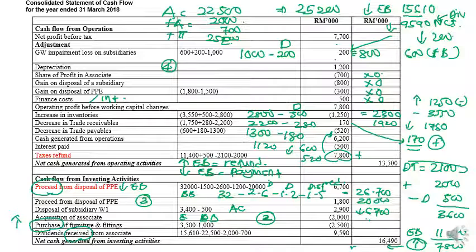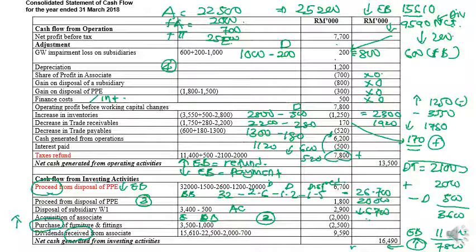So from the associates, we're going to find if there is any dividend received. Dividend received from associate is under investing, but dividend to the NCI and dividend by parent is under financing, because associate is a part of your investment.